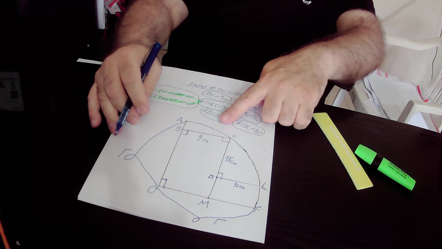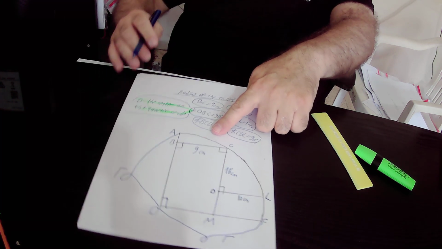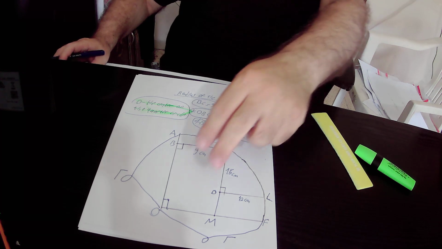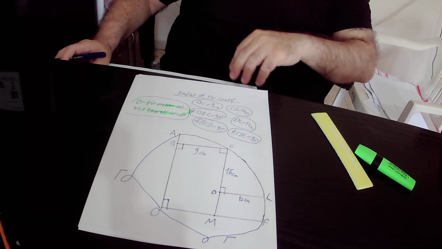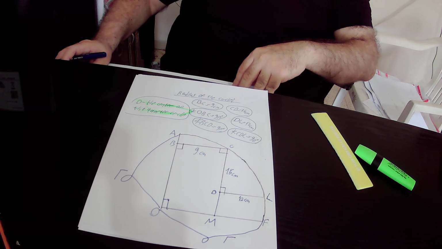Actually, by extending the straight line CD, we created quadrilateral BCOM. I write it down. We have here quadrilateral BCOM.